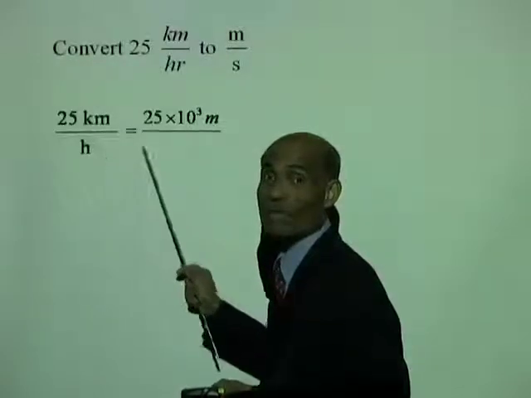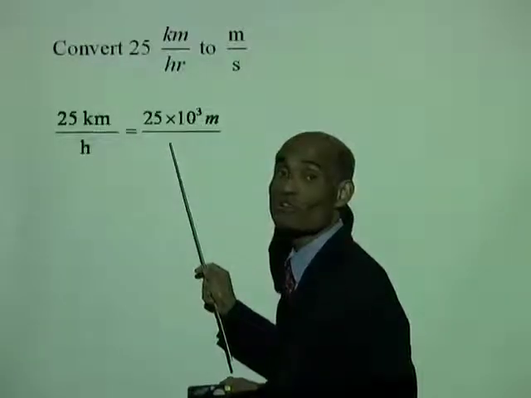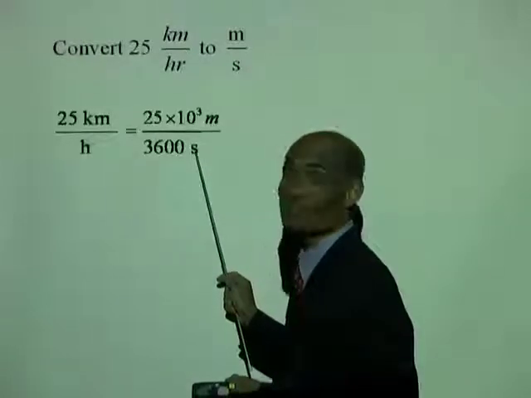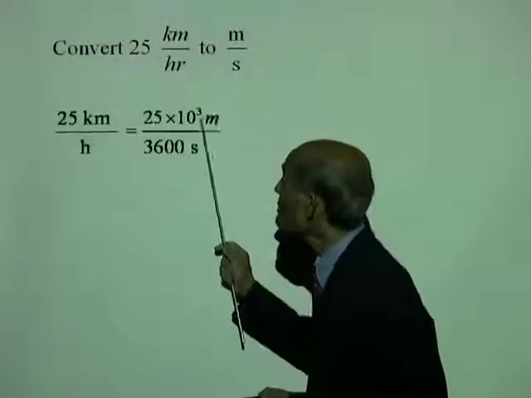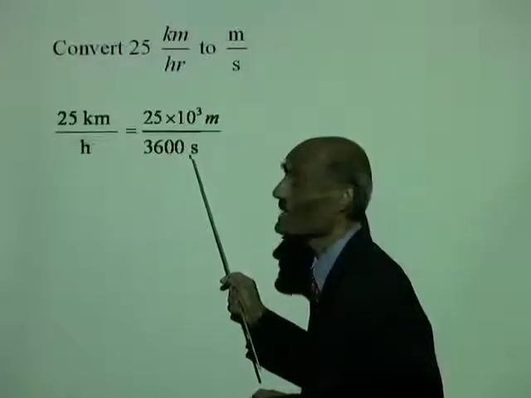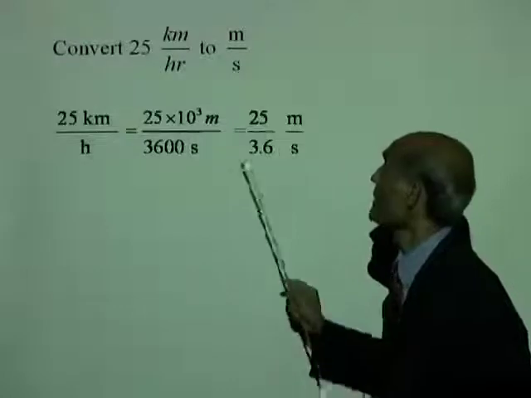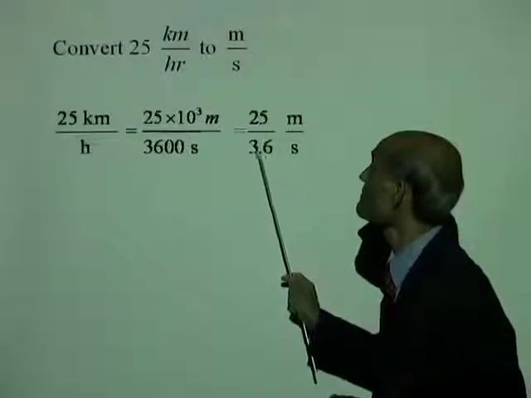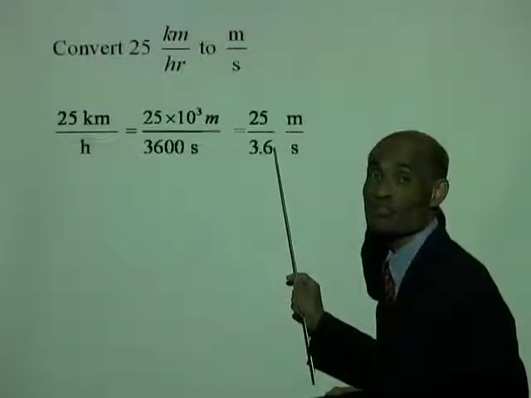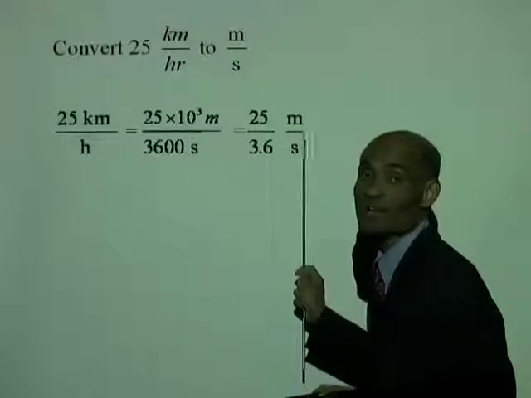And 1 hour is how many seconds? 3,600 seconds. You can see the unit is now meter per second. Alright, simplify this. What do you get? That will be 25 divided by 3.6 meter per second.